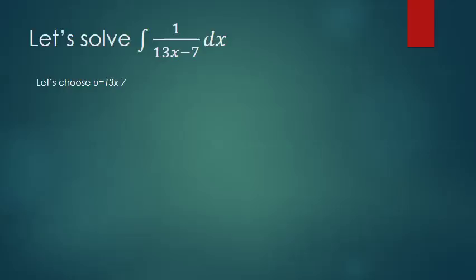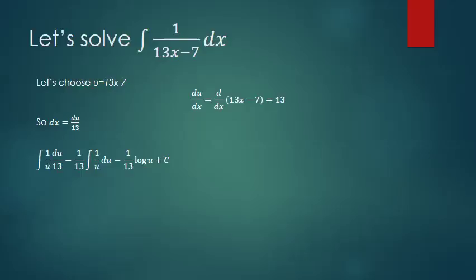In this case, let's choose u equal to 13x minus 7. If we take the derivative of u, we will see that it is equal to 13. And solving for dx, we will have dx equal to du over 13.